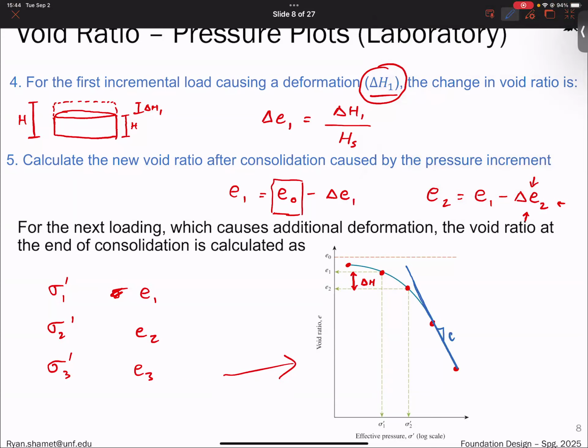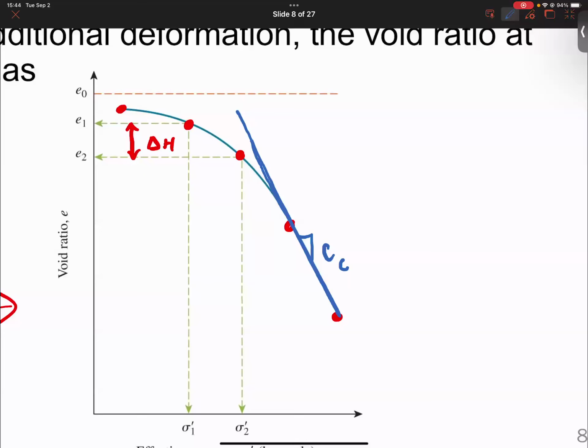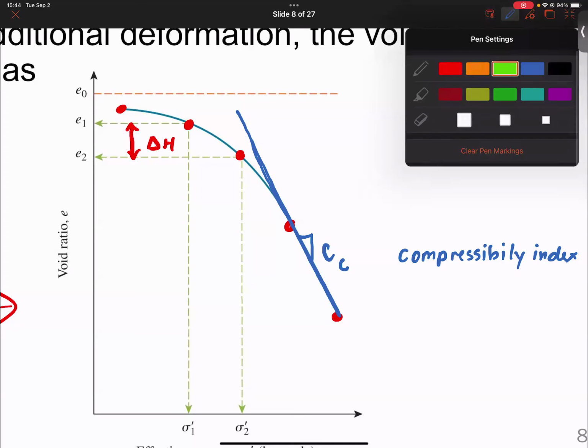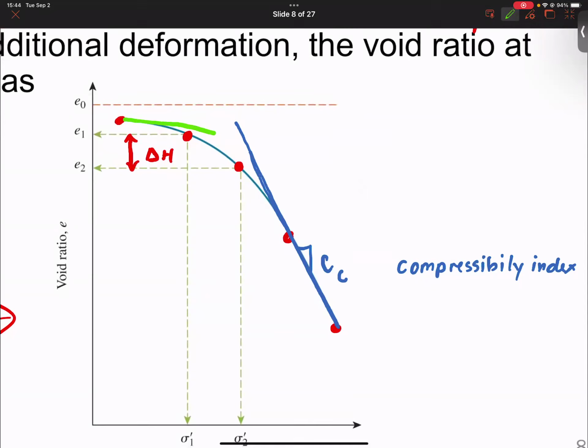And this is called C subscript C, which is called the compressibility index. There is this initial slope here.